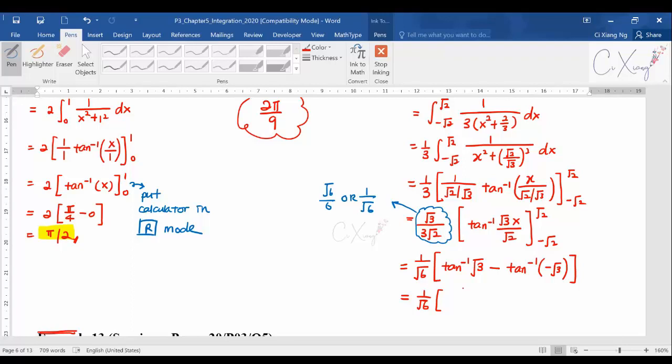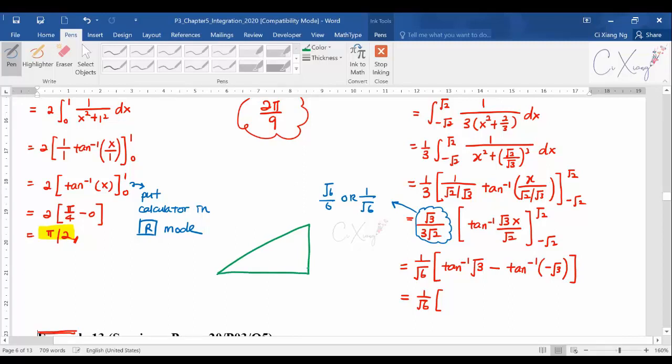Wait, let me try again. Tangent inverse and then square root 3. Yeah, you have 60 degrees. Or maybe you can draw a triangle to help you. So for the triangle, I know that 1, 2, this is 30 degrees.